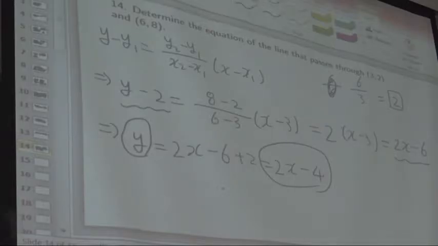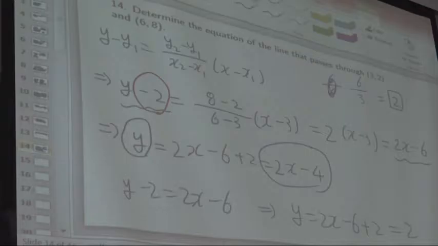When you go down to y equals 2x minus 6 plus 2 equals 2x minus 4, where did you get that 2 from? The 2 is here, 6 over 3. So y minus 2 is 2x minus 6. So I want to get the y. So y equals 2x minus 6 plus 2, which is 2x minus 4.